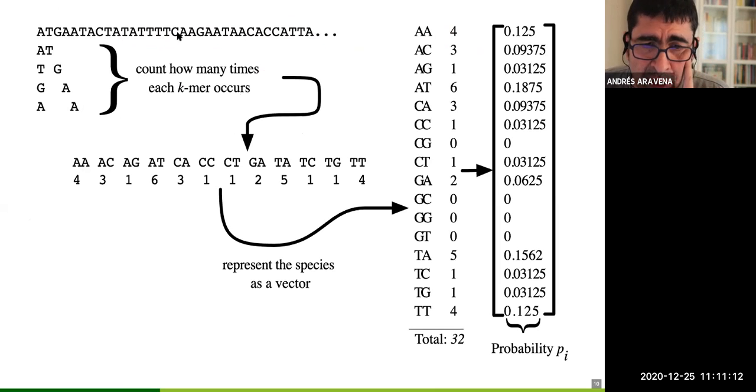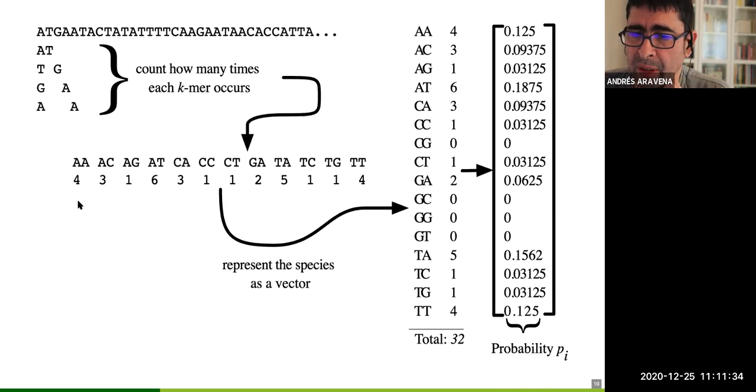I have it here, here, here, here, 4 times. Then AC, 3 times. You have AC here, and here, and here. So you essentially count how many times you see pairs of letters.